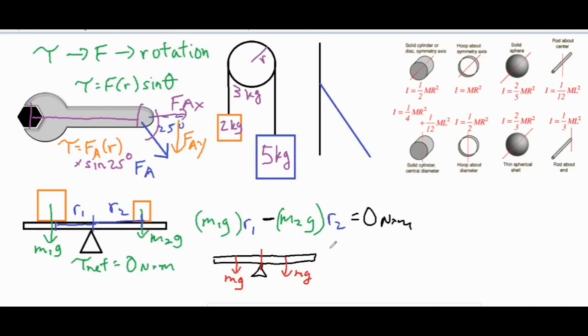Okay, for example, if the entire plank was 4 kilograms, then this would be 2 times 9.8, and this would be 2 times 9.8 as well. And each of those would have their own little lever arm.